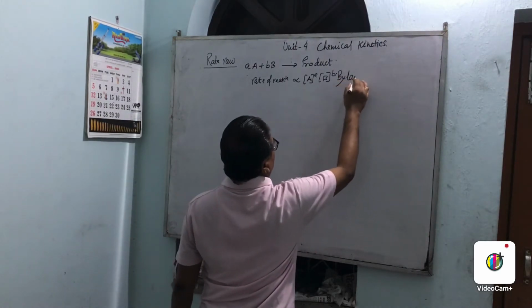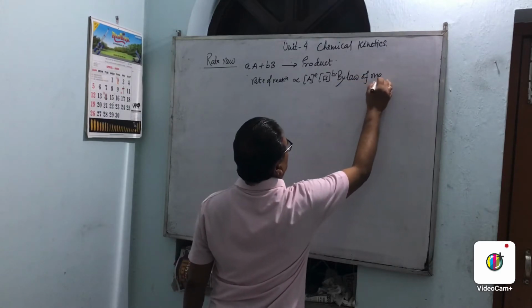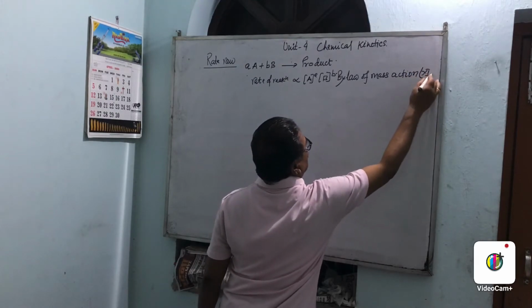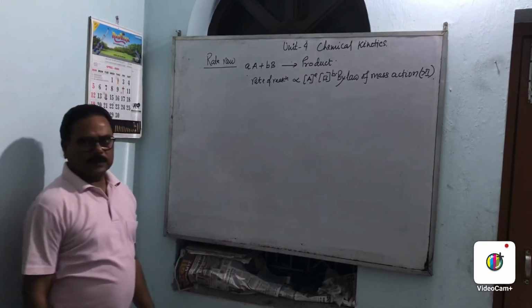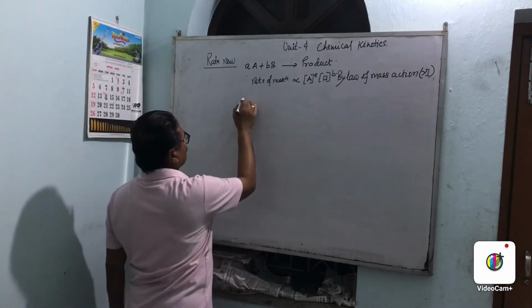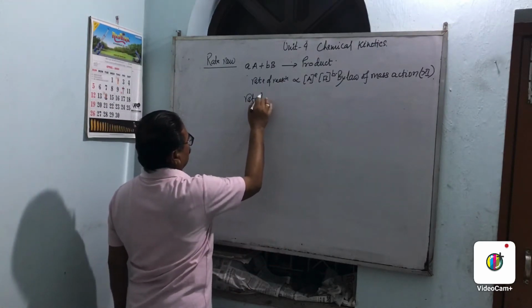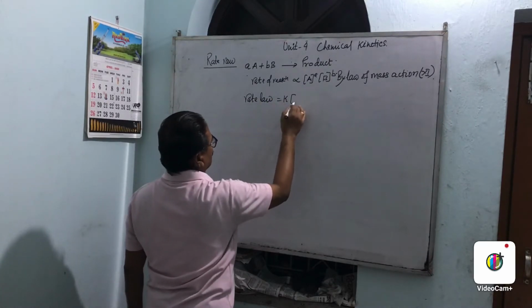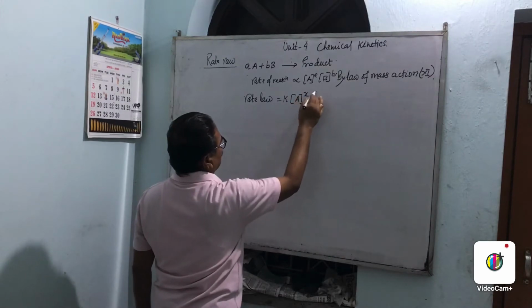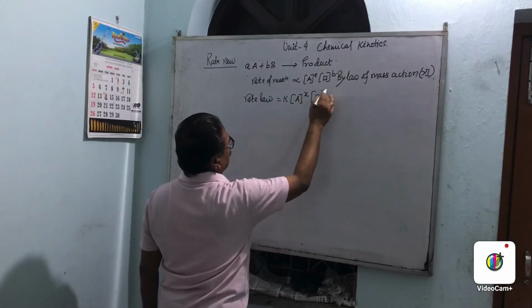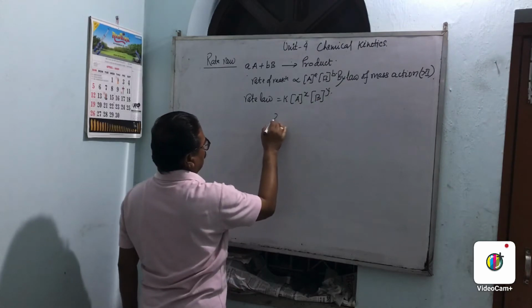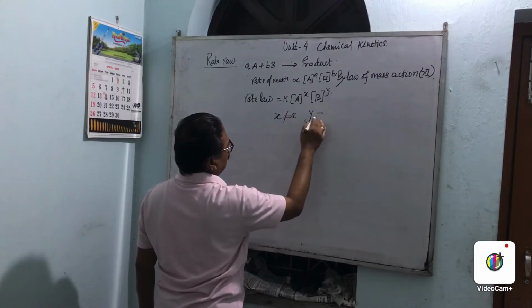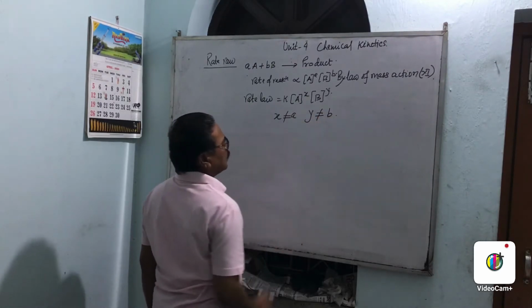Now here the rate law is given as rate = k [A]^x [B]^y, where x may or may not be equal to a, and y may or may not be equal to b.